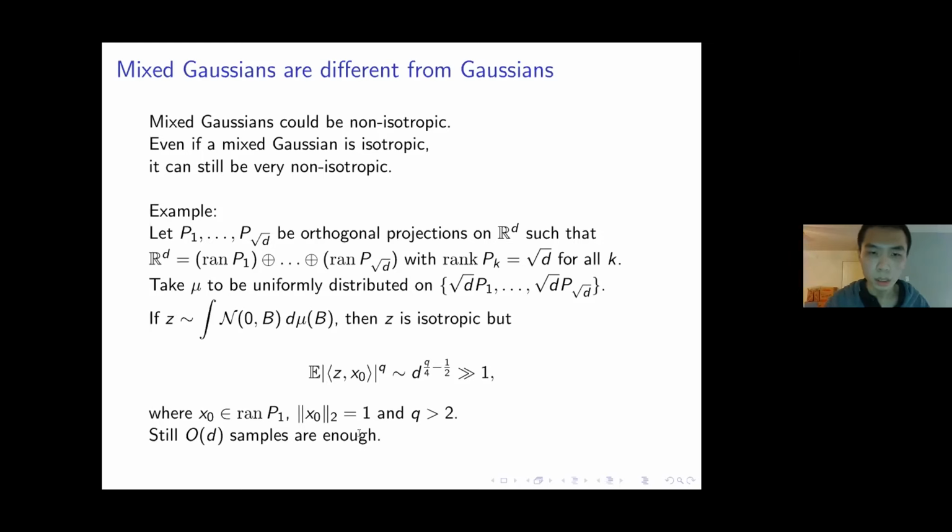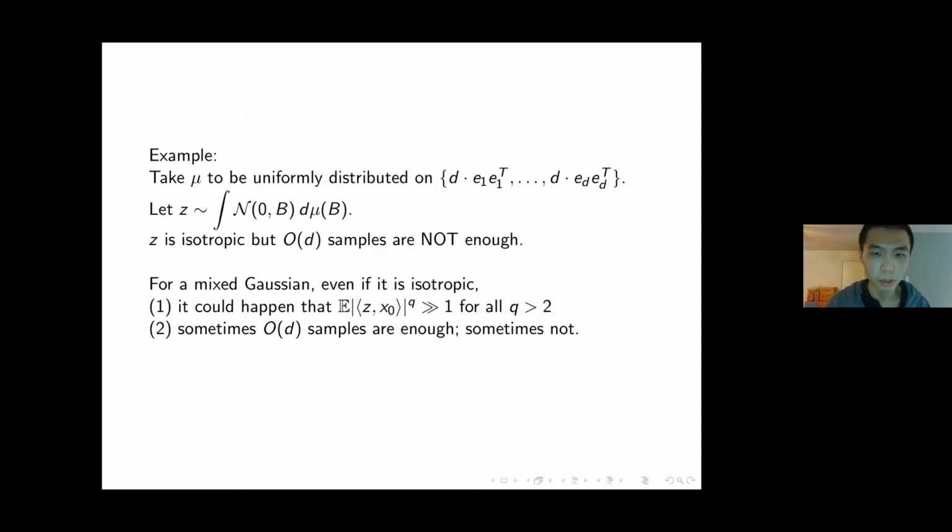Okay. So one might wonder, is it true that for all mixed Gaussians, if it is isotropic, then D number of samples is enough? Well, not always. We can take an even worse one. This one is even more spiky. This is just rank 1: pick one of the coordinates and then pick a Gaussian on that coordinate, the rest are all 0.